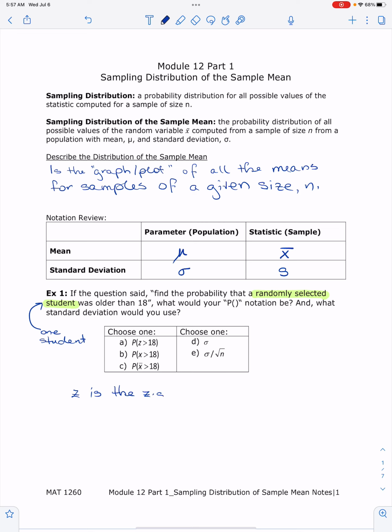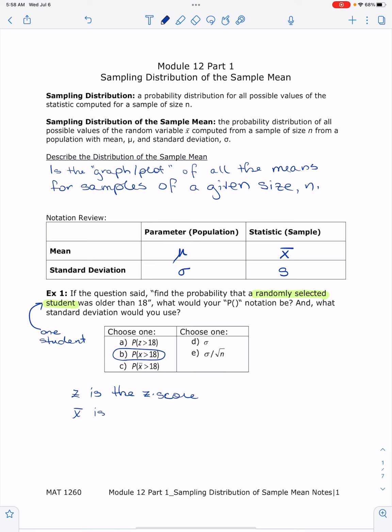Tells us where that value lies on our distribution. B, I've got X is greater than 18. Well, that's talking about an individual. C, X bar is greater than 18. That is talking about the mean for a sample. So it's definitely B here.